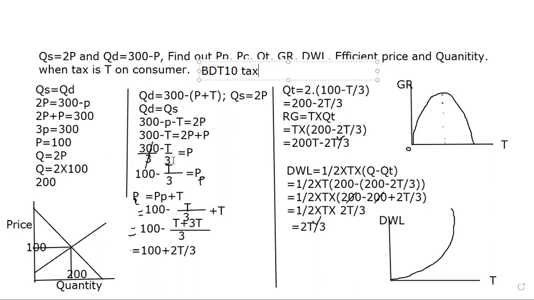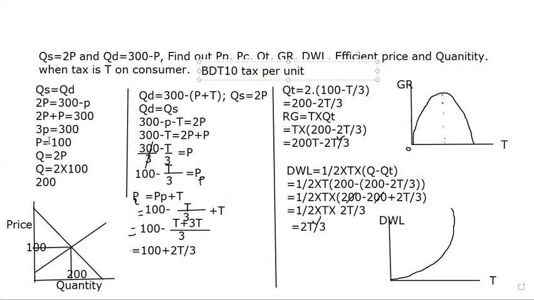You can also use this process and just put the value, then you will get everything. For example, here we can write tax that it takes taka 10 per unit.